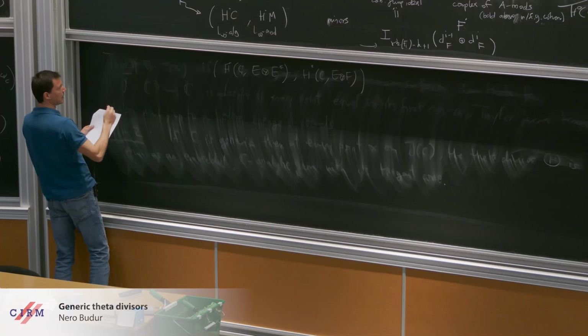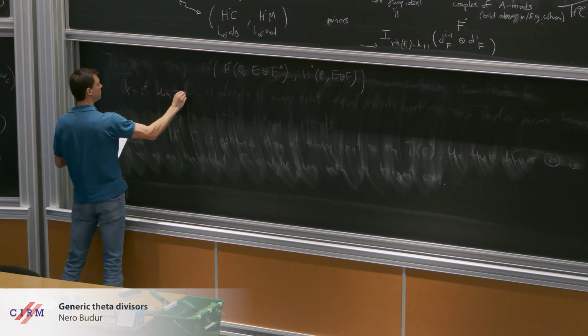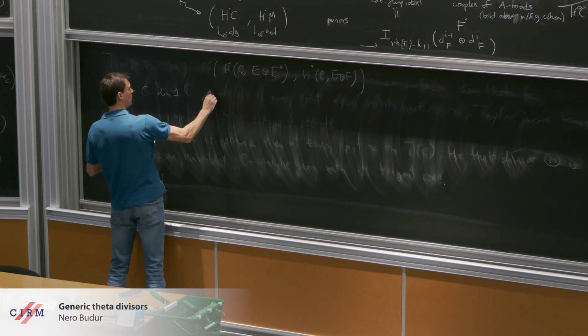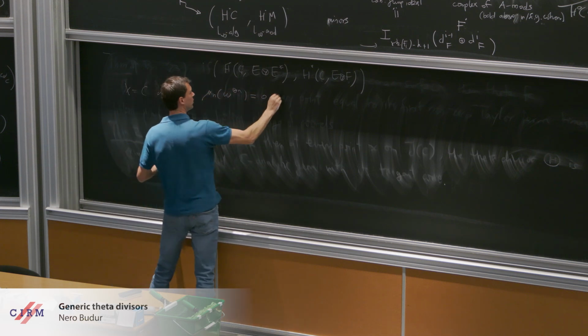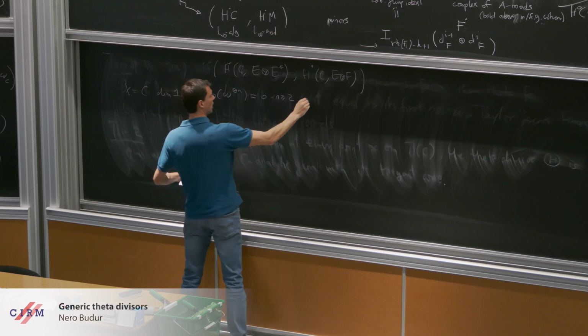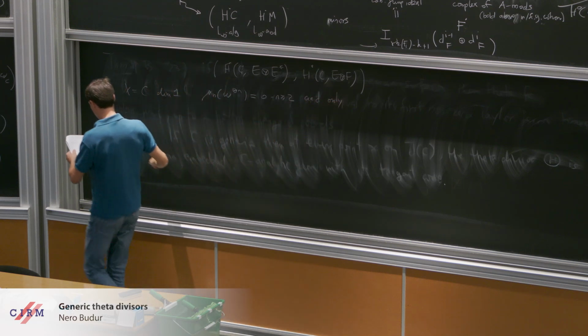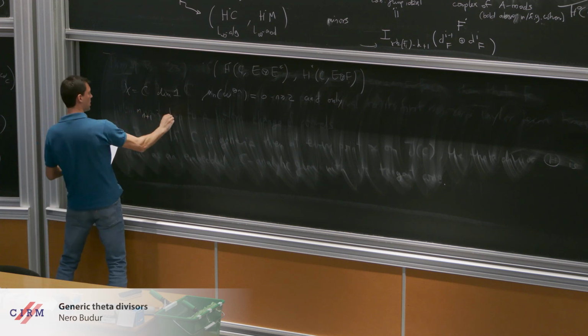So if X is dimension 1, this is 0 for n greater or equal than 2, and only the following multiplication maps matter.